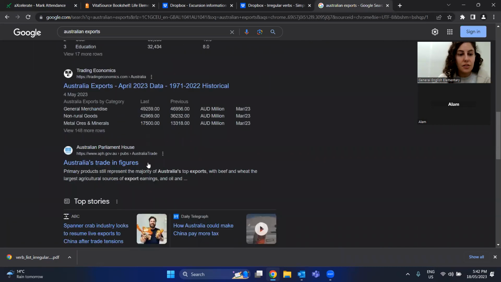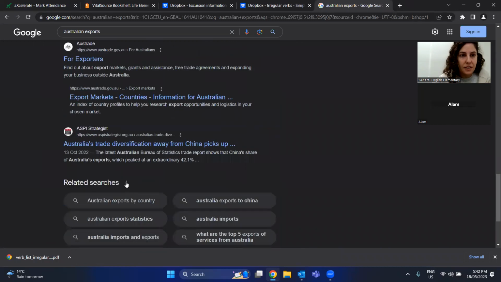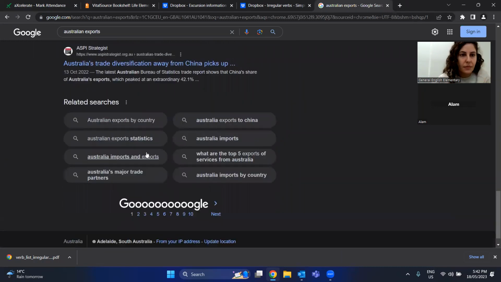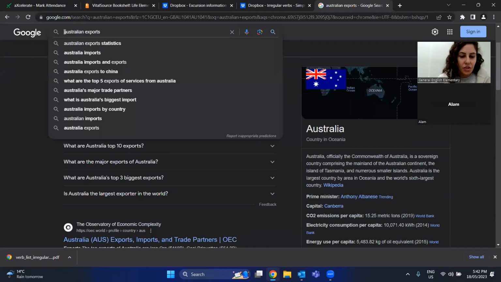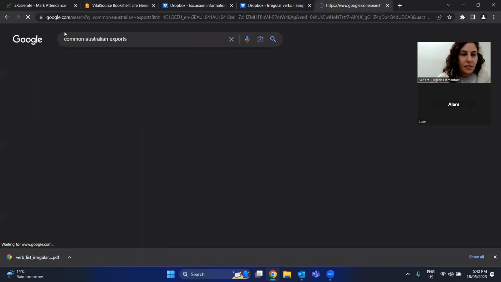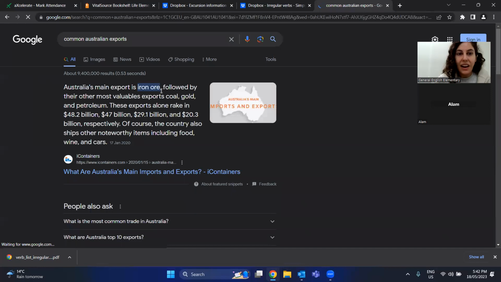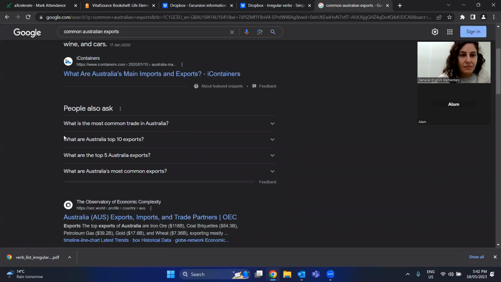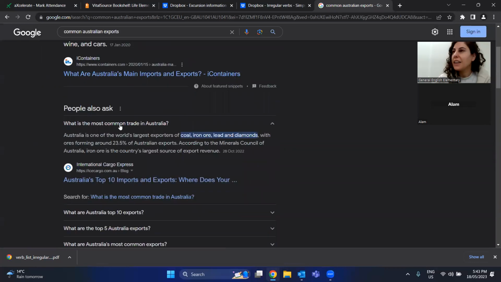So they're called goods or exported material. Let's type the common Australian exports. Iron, soy, minerals, coal, iron, lead.